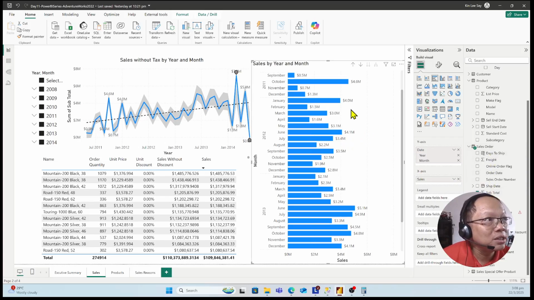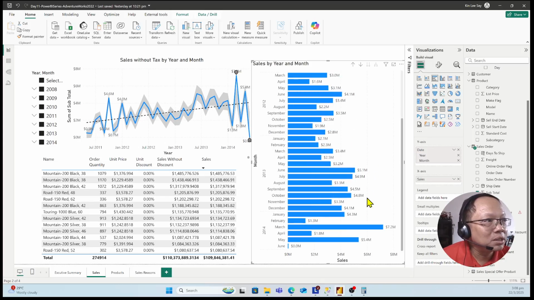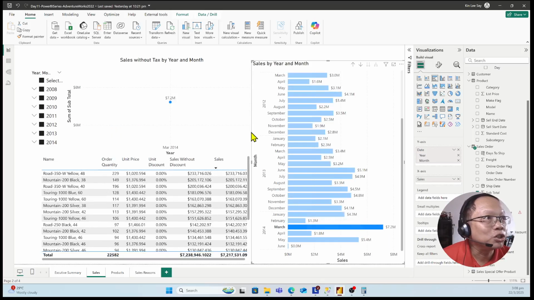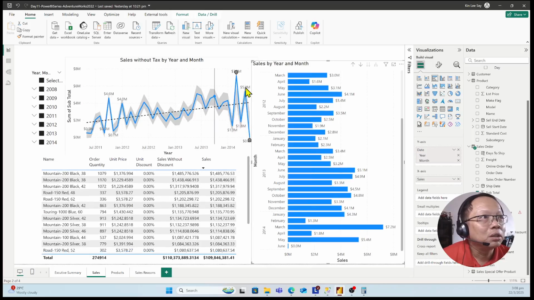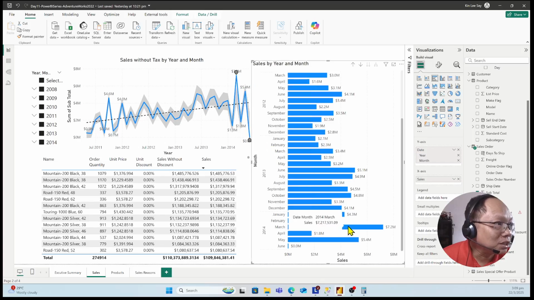So you can see if I scroll down, this has the maximum sales of 7.2, which is this one. Okay, let me check this. This 7.2 is actually March 2014. So 7.2 million, which is here.